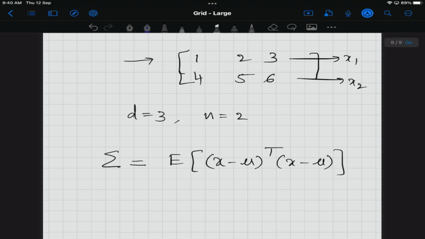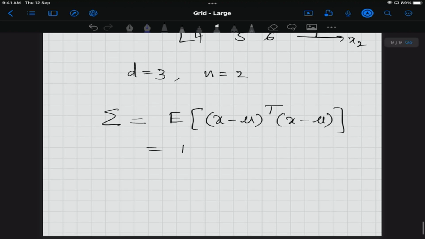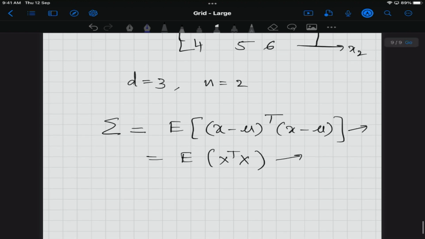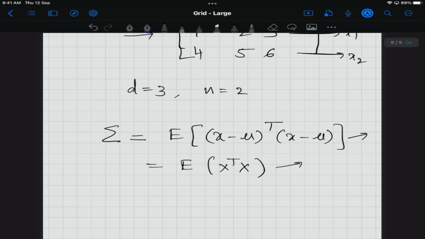First you have to mean normalize your data. And you know why we are doing the mean normalization also, right? Without mean normalization, if I directly compute covariance, what will happen? We have seen the impact of mean normalization, no?